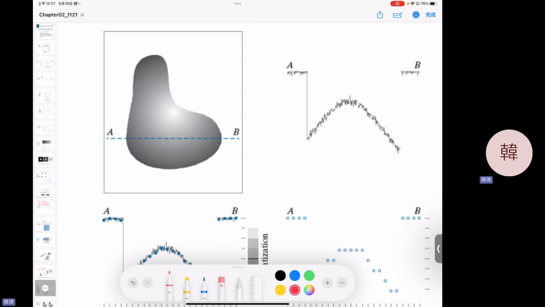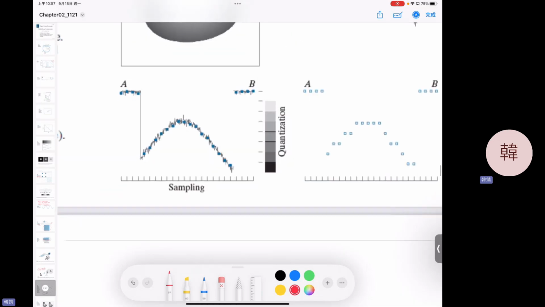And once you get it, you are going to read the intensity level for this specific pixels. So it all depends on your intensity resolution. So how many intensity levels you are going to quantize? In Chinese called 量化.